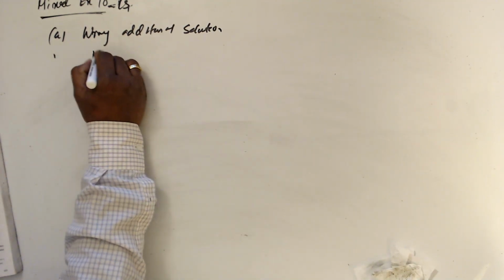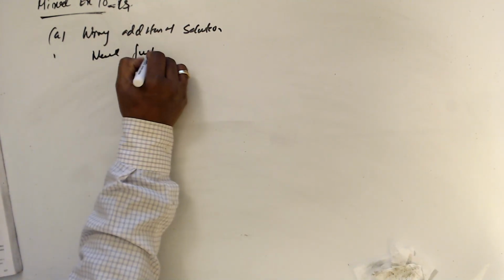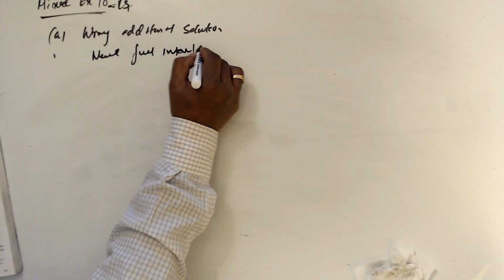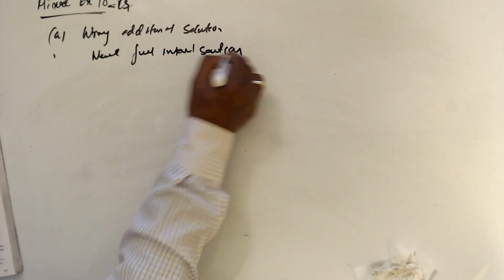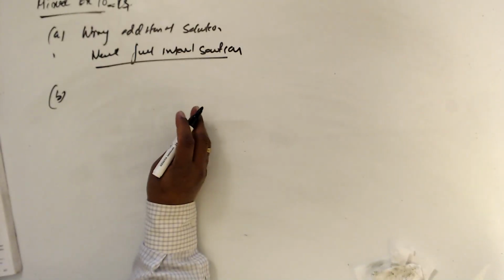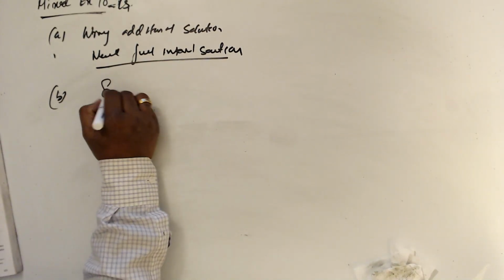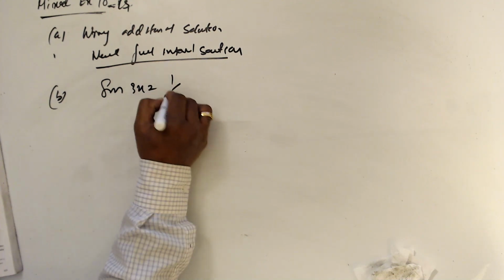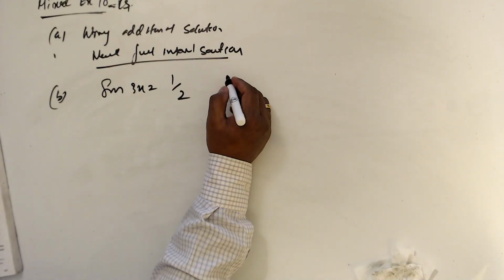The other one needs a full interval solution. Part B, now we have to work this one out. Sine 3x equals half, and what is the range given?